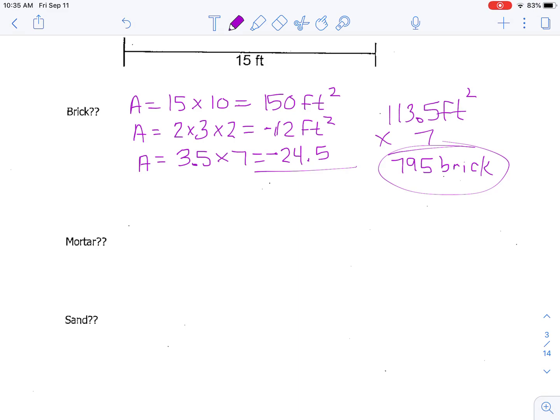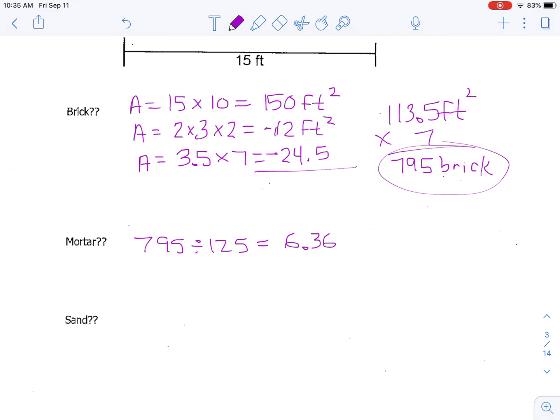So now to do mortar, our rule of thumb for mortar is that for every 125 brick, we're going to need another bag. We divide this out, we get, sorry, I said the wrong thing.